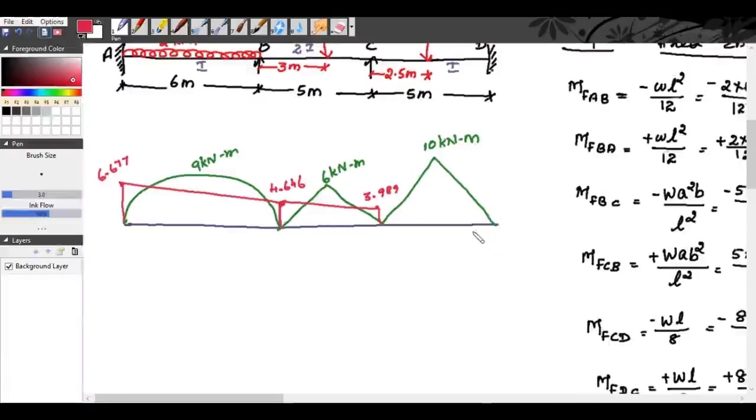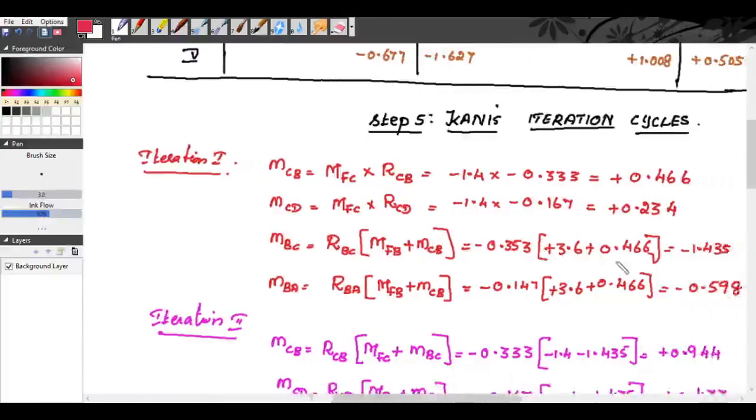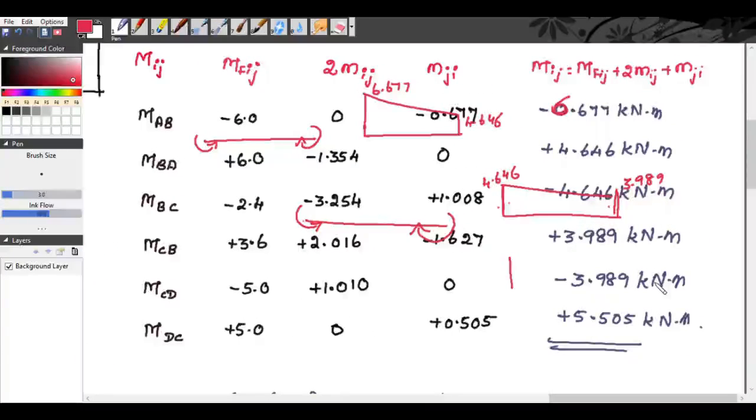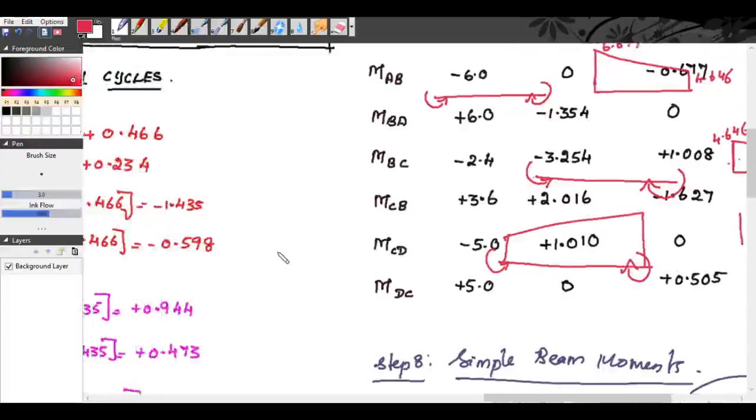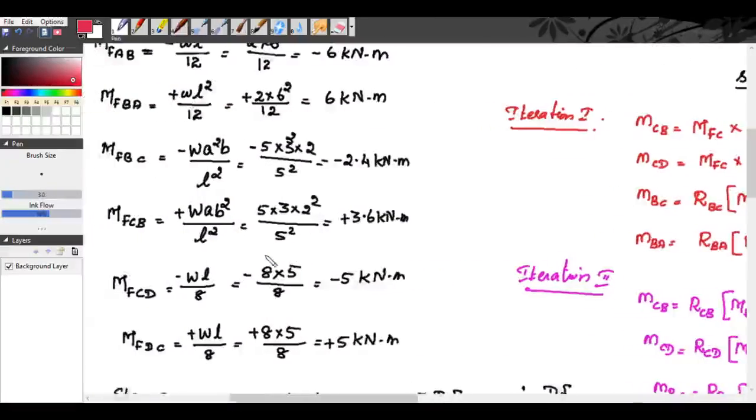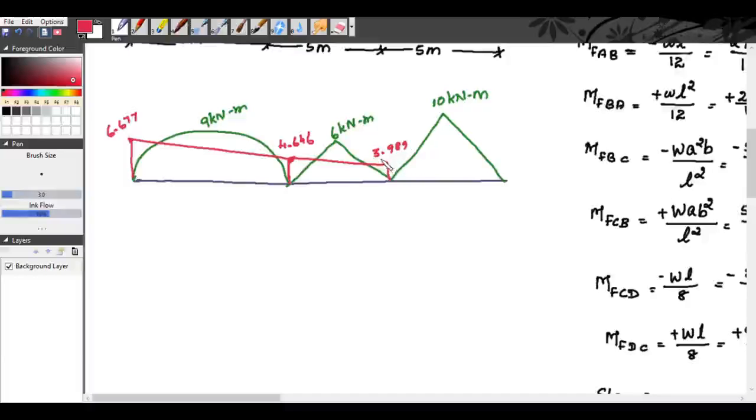Now we will consider the span CD. For CD it is minus 3.989, anti-clockwise, pointing upwards, and for DC it is plus 5.505, pointing upwards. So it will be like this: minus 3.989 and here it is 5.505.